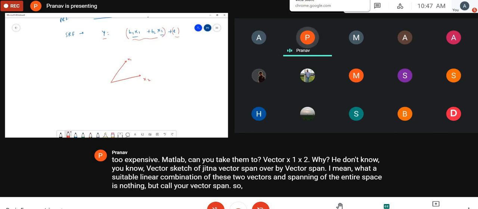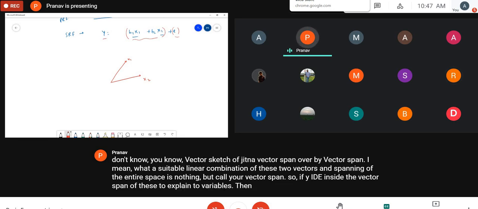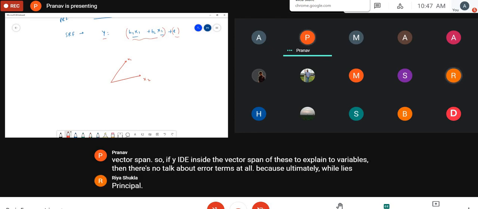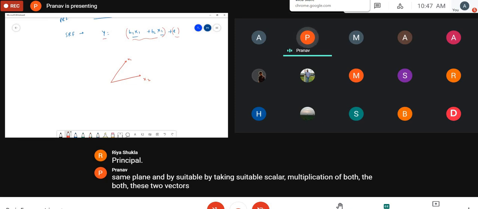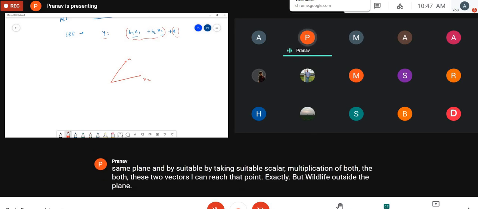So if y lied inside the vector span of these two explanatory variables, then there is no talk about error terms at all, because ultimately y lies in the same plane, and by taking suitable scalar multiplication of both these two vectors, I can reach that point exactly. But y lies outside the plane. That's why you have this error term.